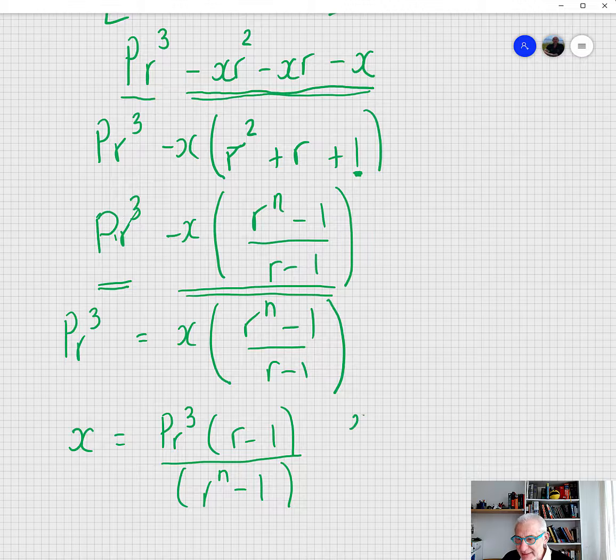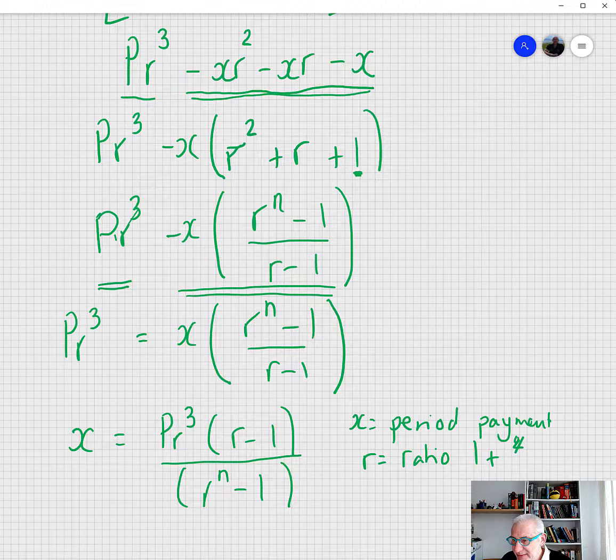So X equals what we might call the period payment, R equals the ratio, so that's going to be 1 plus the percentage rate over 100, and N is the number of periods, however long you want to pay the loan off over.